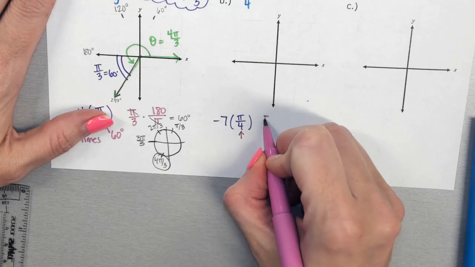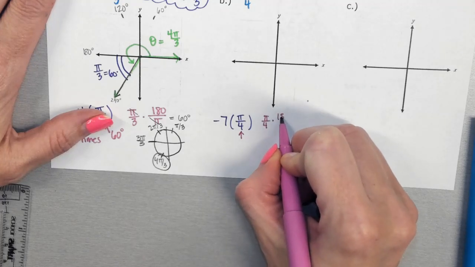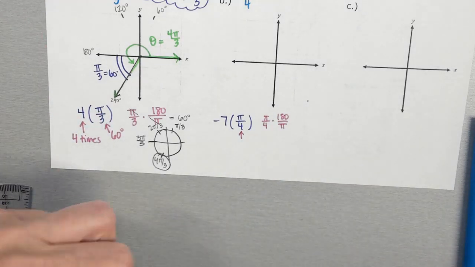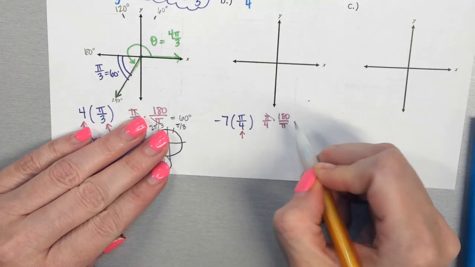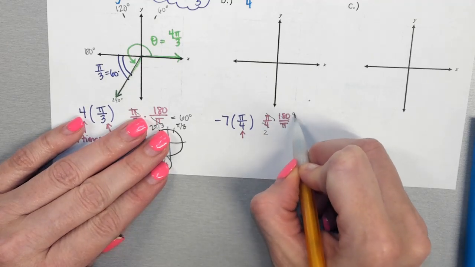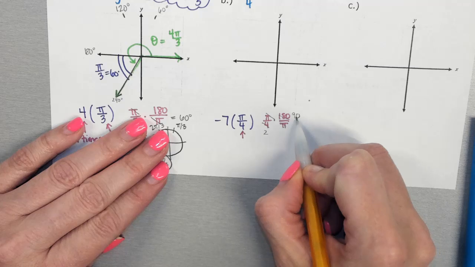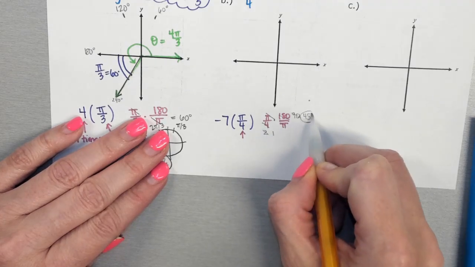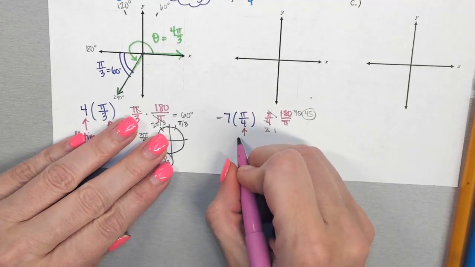So if we do pi over 4 times 180 over pi, if I'm doing 180 divided by 4, maybe instead, if I'm not using a calculator, I want to cut it in half. Half of 4 is 2, half of 180 is 90, half of 90 is 45, half of 2 is 1. So this is going to be 45 degrees.